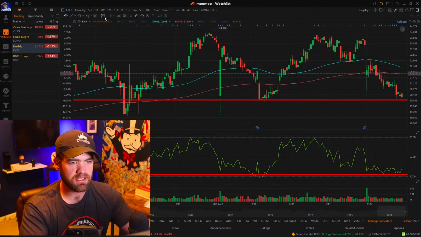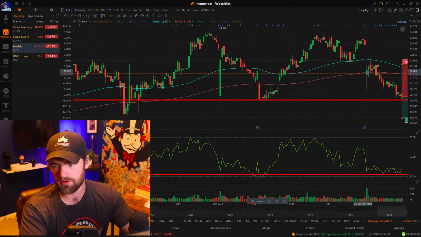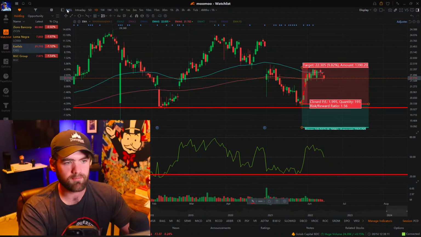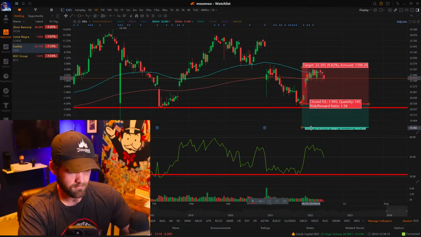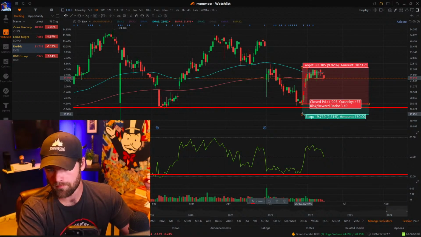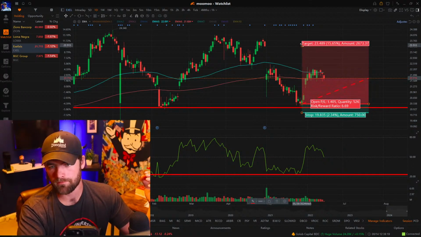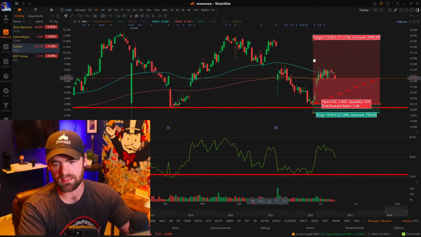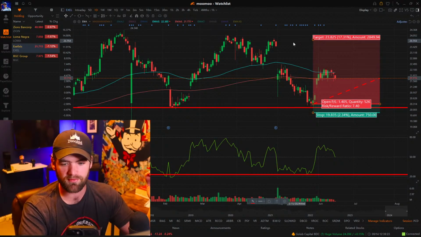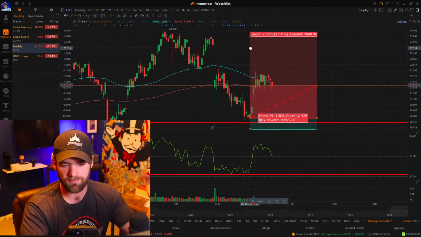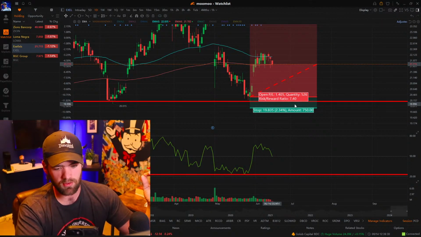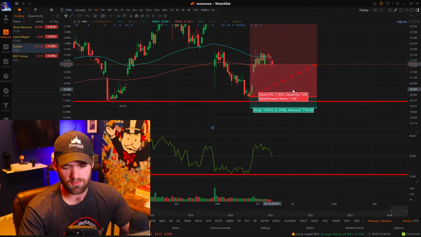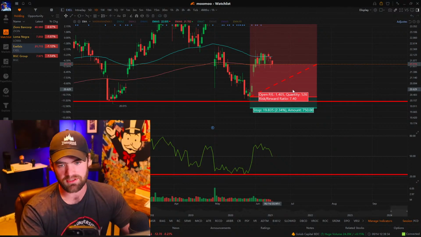That would give me a risk and reward of, boom, let's go ahead and draw it out here. So the ideal target for this play was all the way up here at previous resistance, you guys can see. So the risk and reward was 7. Risking $1 to make $7, which is an absolutely fantastic risk and reward.